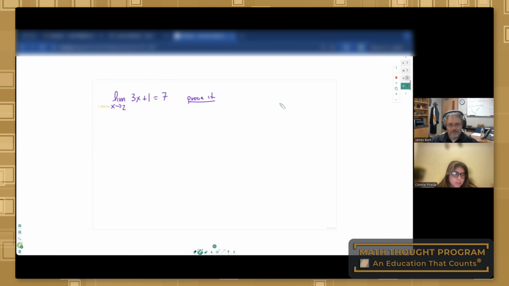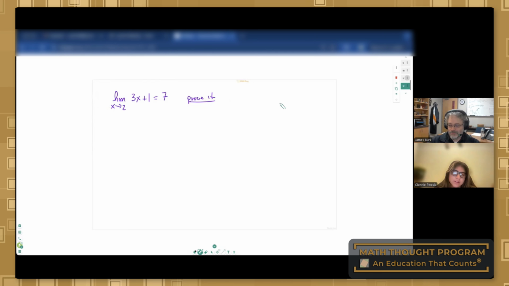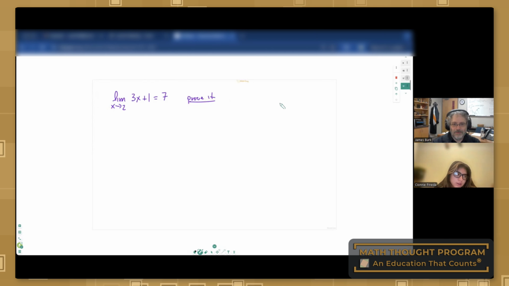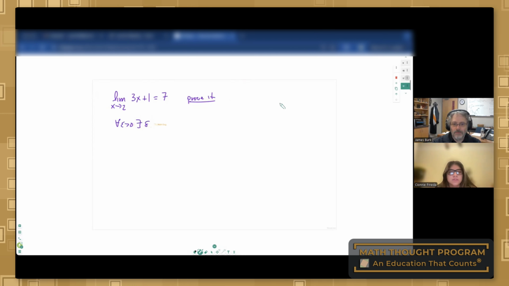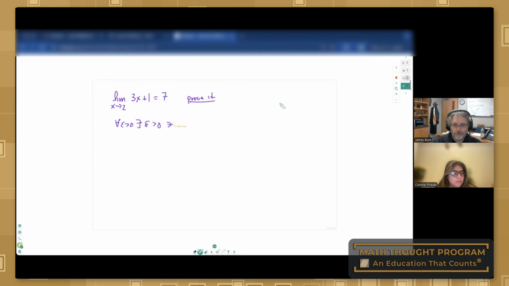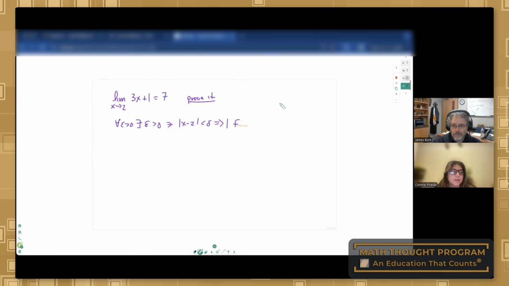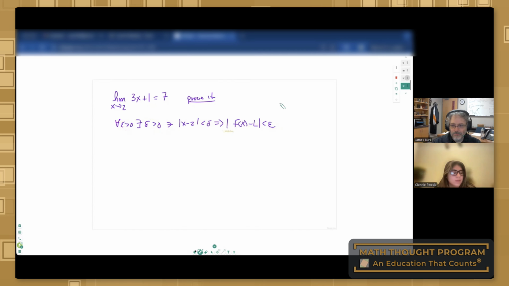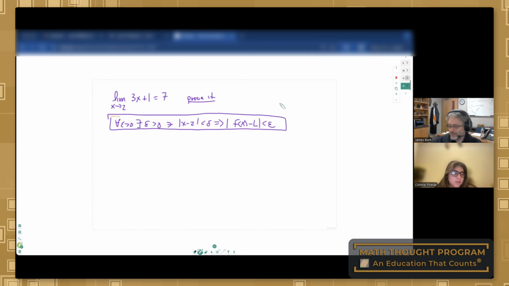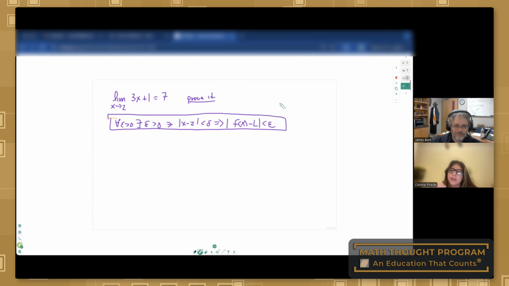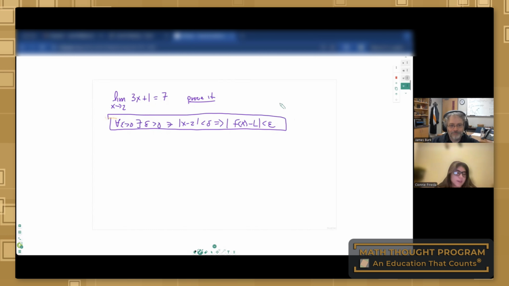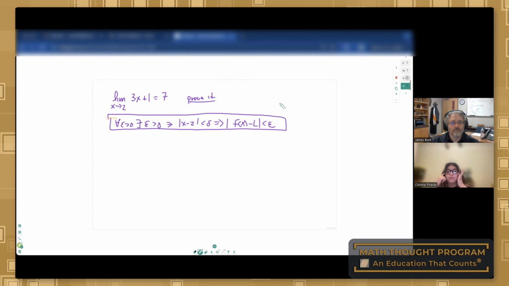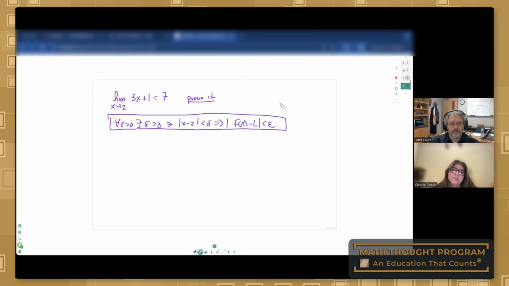So for every epsilon greater than zero, there exists a delta greater than zero such that zero is less than the absolute value of x minus the 2 in the problem, and it's less than delta, the arrow means implies, right? Yeah, it implies the absolute value of the function minus the limit is less than epsilon.